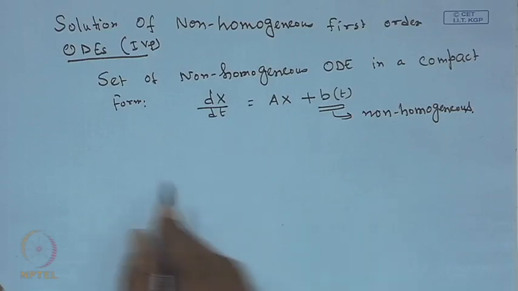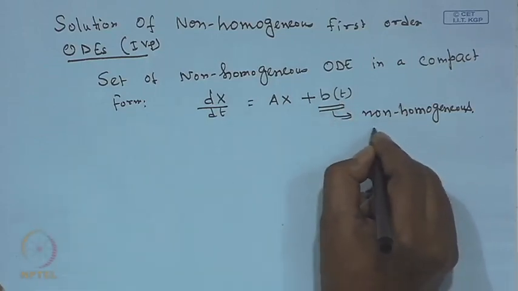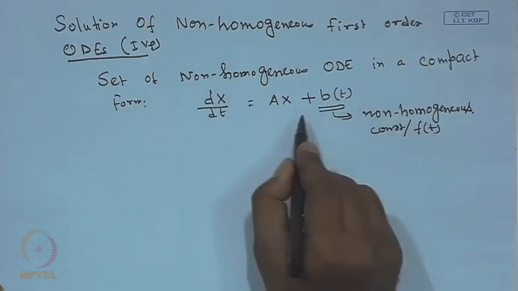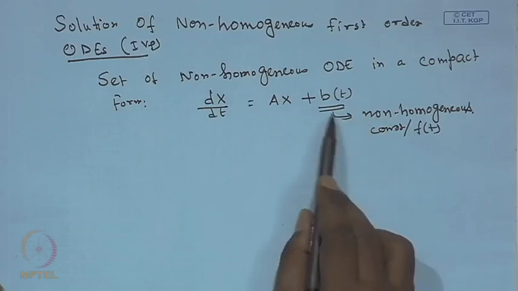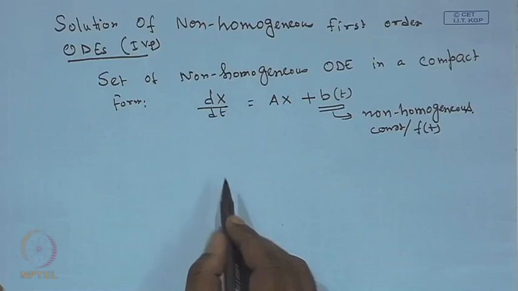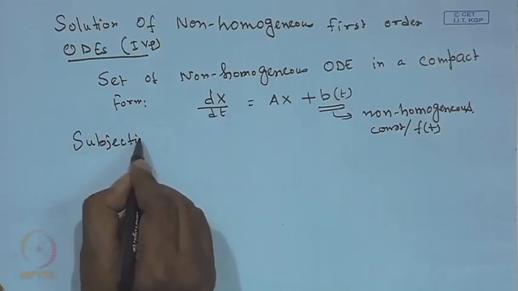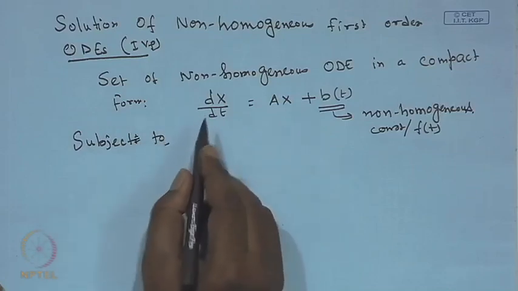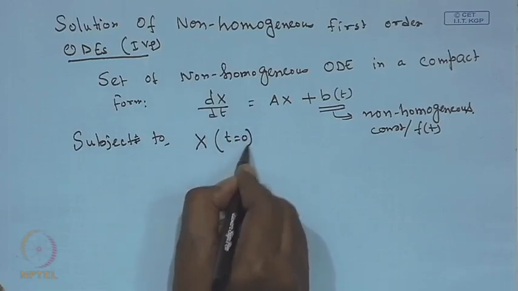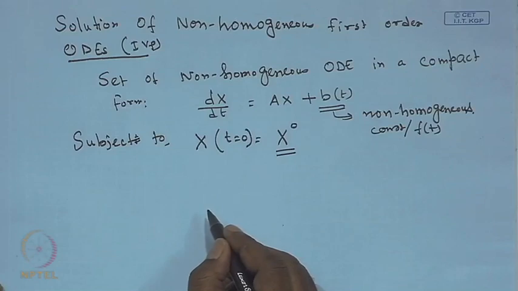The non-homogeneous term can be a constant or a function of time, but it cannot be a function of x. This additional term on the right hand side is called the non-homogeneous term. This set of equations has to be solved subject to the initial condition that the x vector at time t equal to 0 is given by the vector x naught.